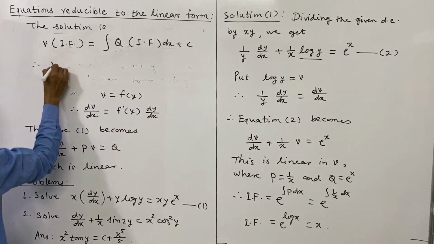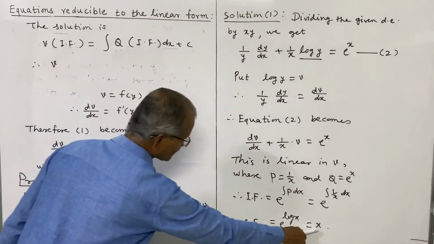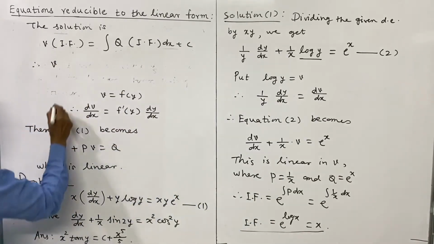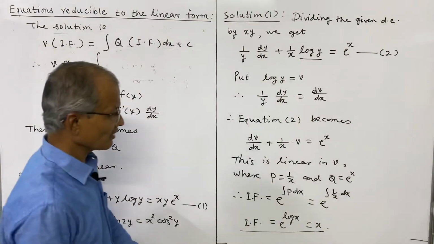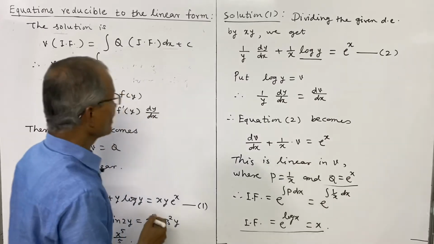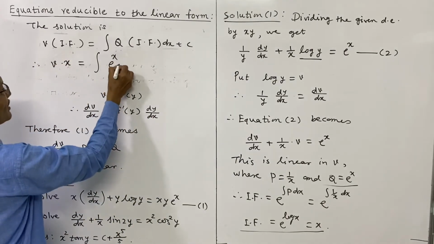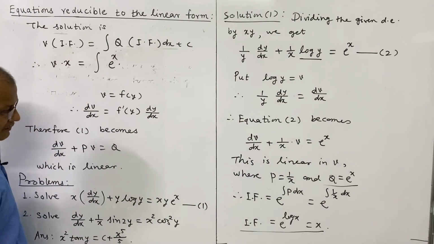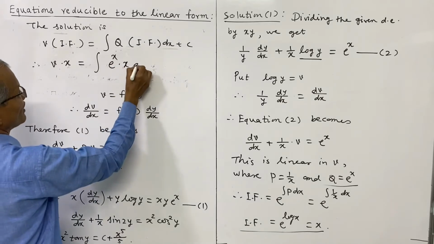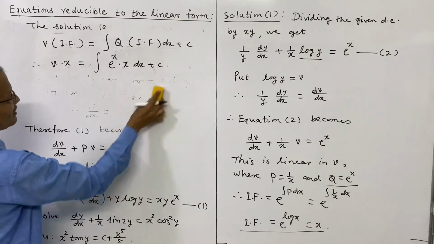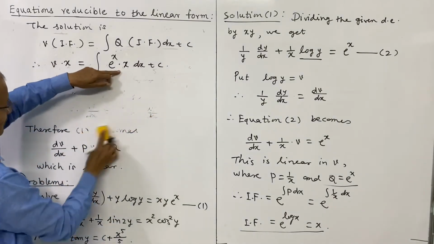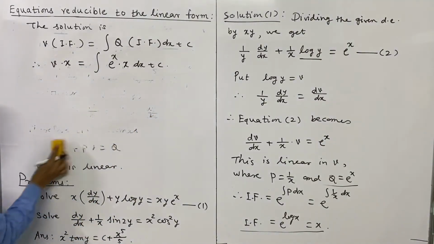So v into x is equal to integral. The value of q is e power x, and e power x into IF, that is x, dx plus c.